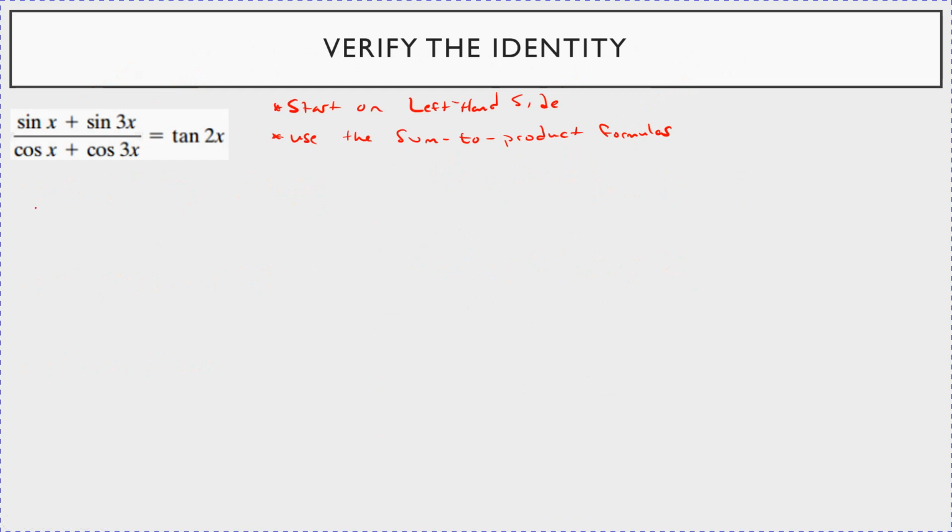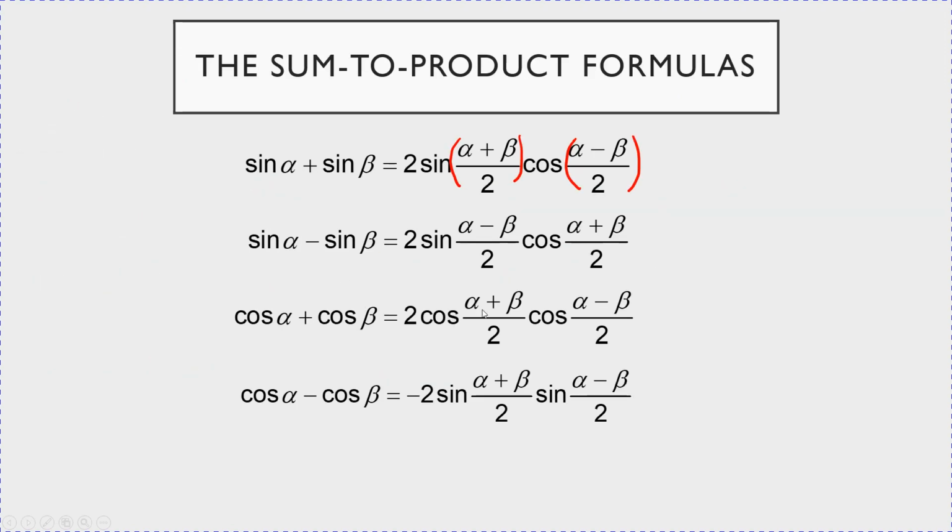All right, so the numerator here is just going to become 2 times sine of x plus 3x divided by 2 times cosine of x minus 3x divided by 2. Divided by, now cosine of x plus cosine of 3x, boom, right here.